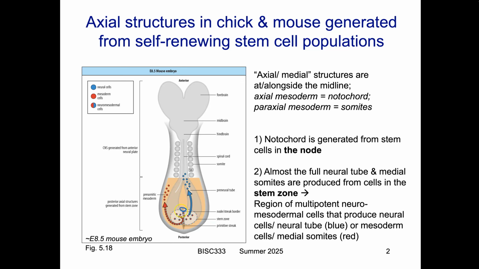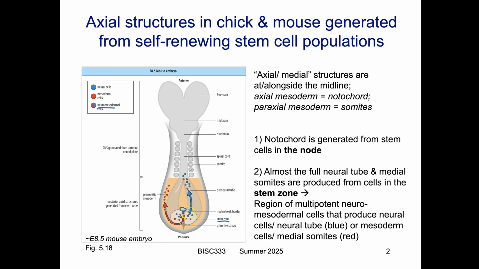So just prior to the node, either the node moving or the cells that are going to move through, there is this region which is called the stem zone. And in this region, there are neuromesodermal cells. So what this means is there's a mixture of both mesoderm and neural ectoderm in this region. And they are self-renewing.